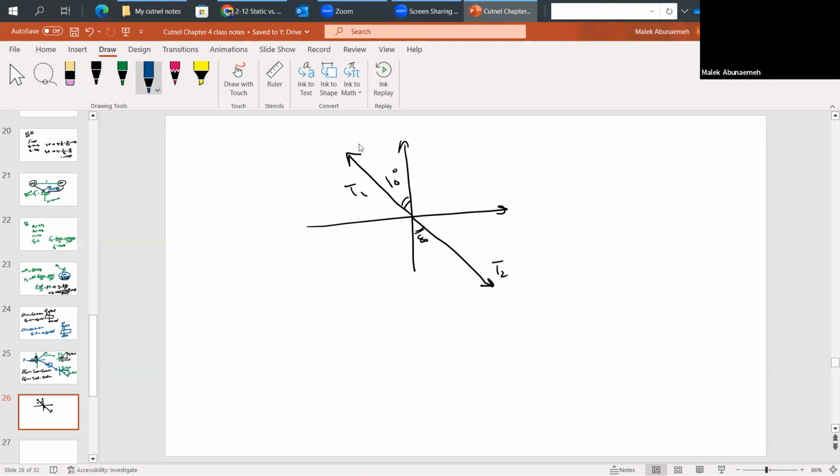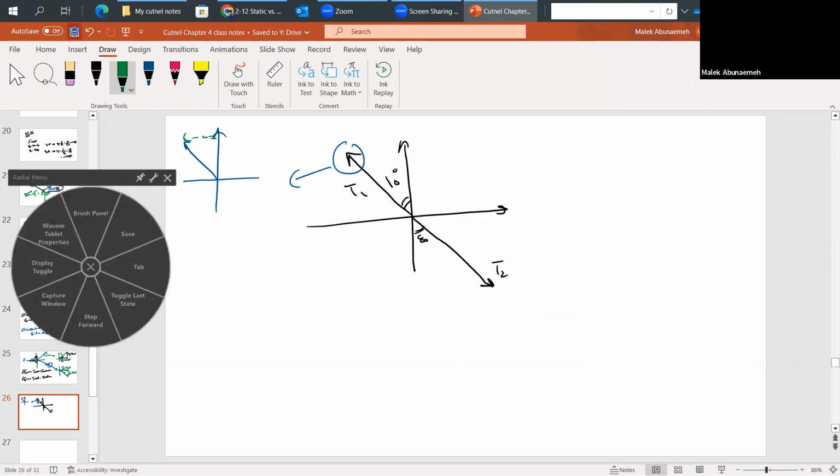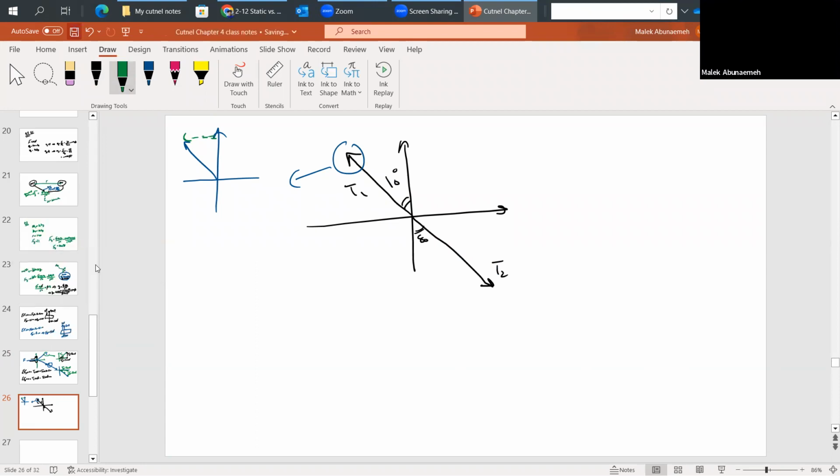Again, just a refresher, this little part over here is an accumulation of this one with this one. This is going to be T1, and what we've got is 10 degrees.